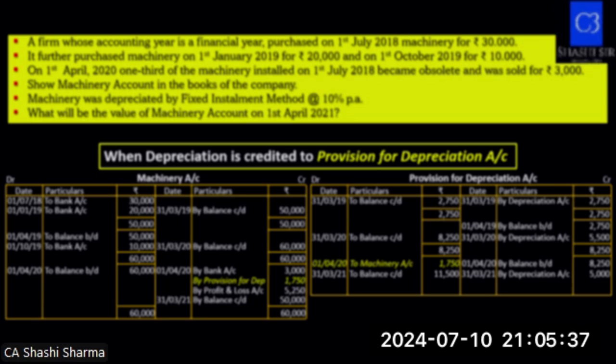So depreciation account is kept separately in a different account. And the asset account will just show us the different types of asset purchased on different dates. The cost of all the assets will be clearly available because no depreciation has been deducted in that asset account. So this was the second method. Let's total the provision for depreciation account also.